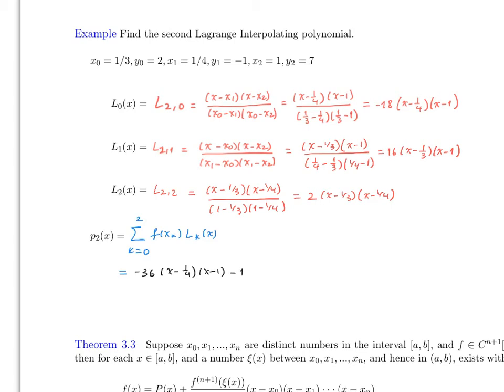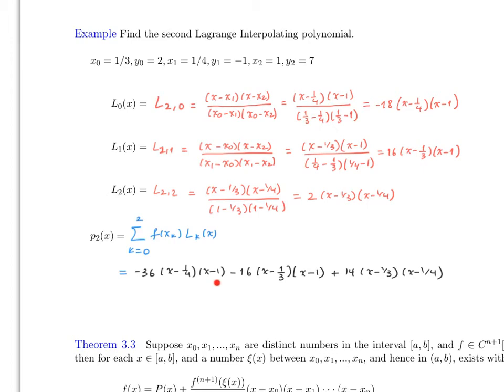And then minus 16 times 1 is minus 16, x minus 1/3 times x minus 1. And finally 2 times 7 is 14 times x minus 1/3 times x minus 1/4.